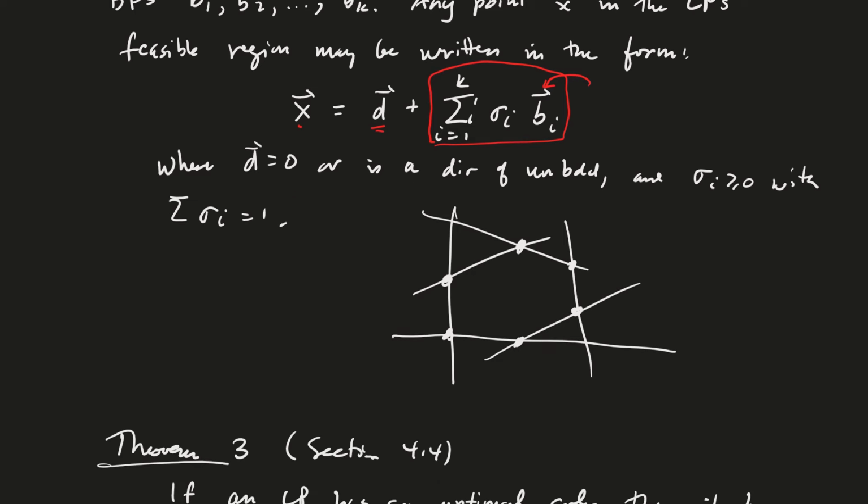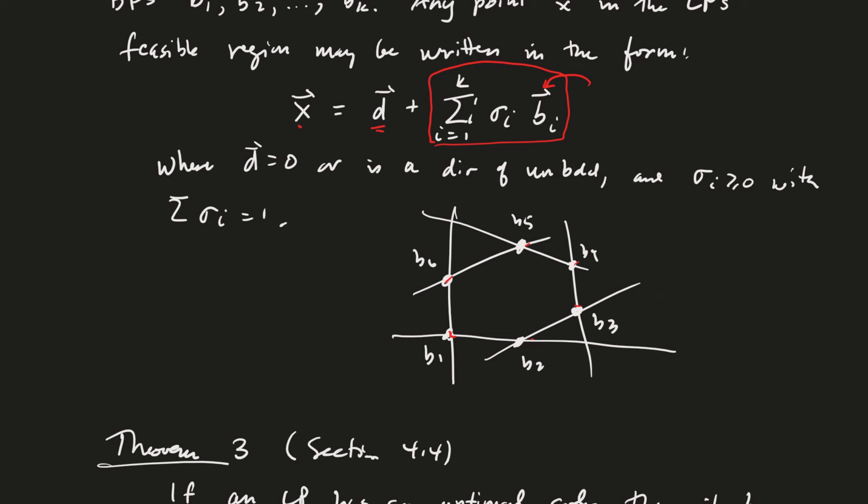But we'll just say that this is B1, B2, B3, B4, B5, and B6. And in this case, you can see, and we've gotten a sense now for how to do it, if I take any point in this set, then I can write it as a convex combination of these corner points.